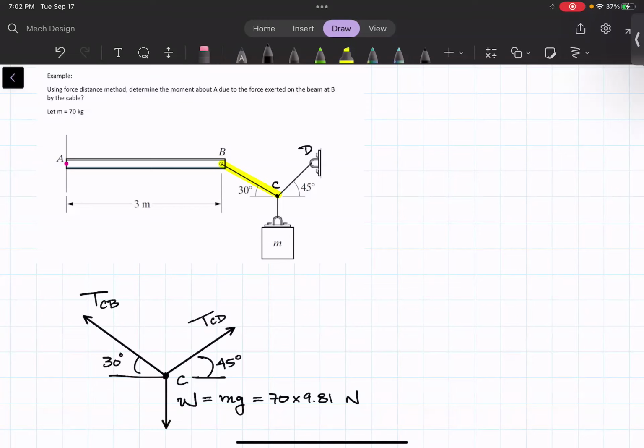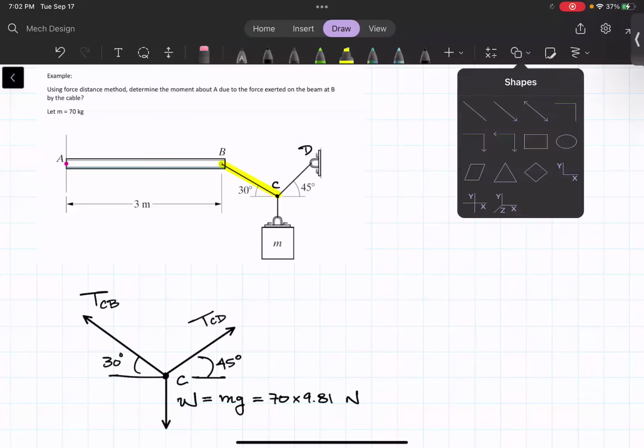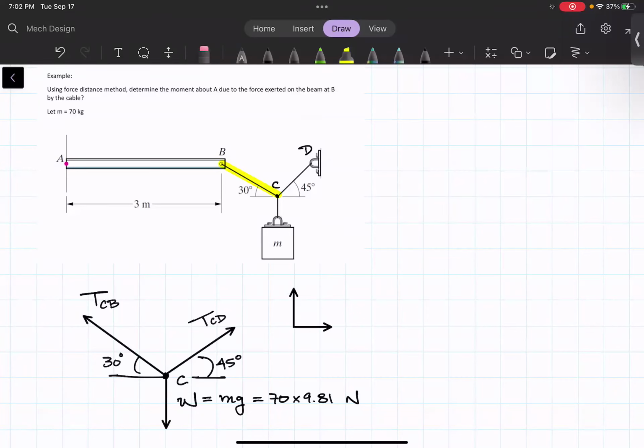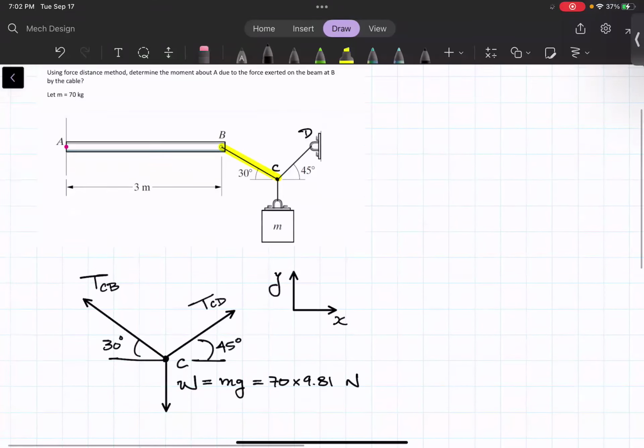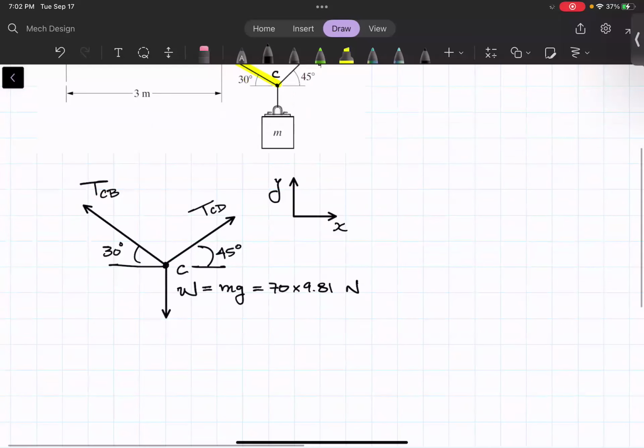We will use the XY Cartesian coordinate system and apply our equations of equilibrium. This is a 2D equilibrium problem.